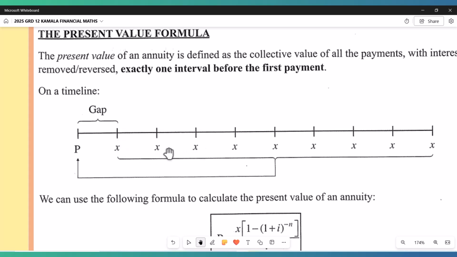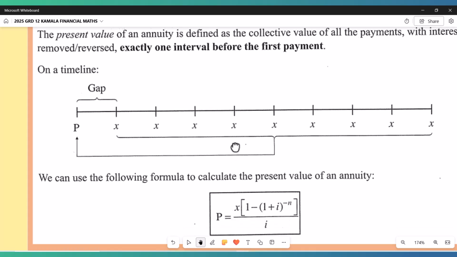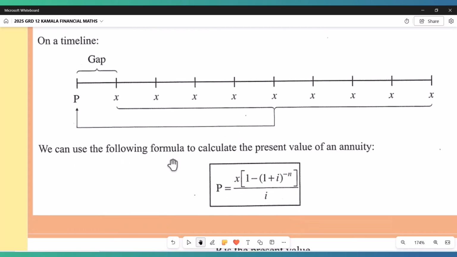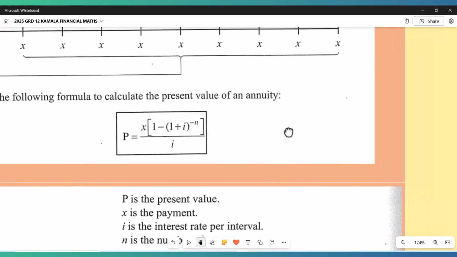What you see here as X, these are the regular payments. Are we together? We call them the annuities or the regular payments, paid at equal time intervals. We can use the following formula to calculate the present value of an annuity.